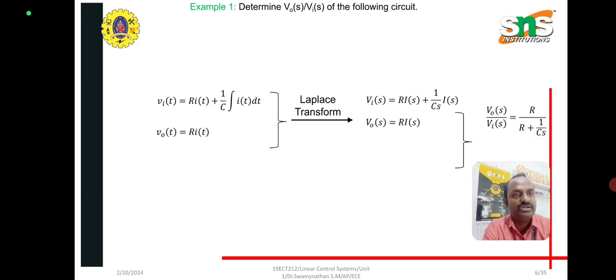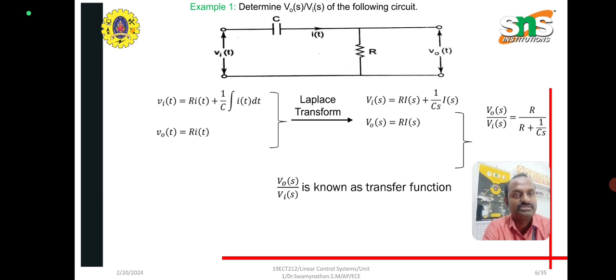So the output V naught of s divided by the input is R by R plus 1 by Cs. V naught of s divided by Vi of s is called the transfer function. Here this is a circuit: Vi of t is the input, C is the capacitor, R is the resistor. In this RC circuit, the input current is i of t and V naught of t is the output voltage.